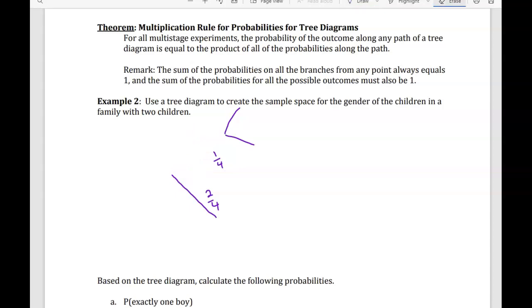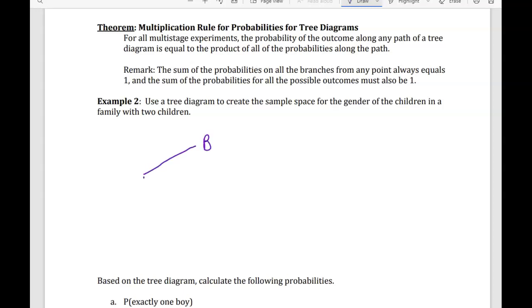So let's look at an example of this. We're going to start with the gender of children with 2 children. And when we talk about the gender, we're going to talk about just boy or girl.